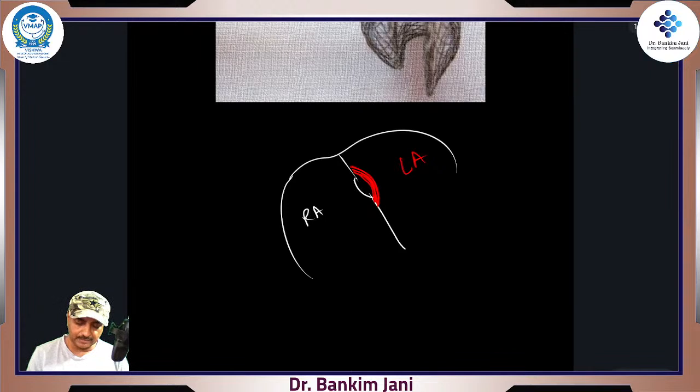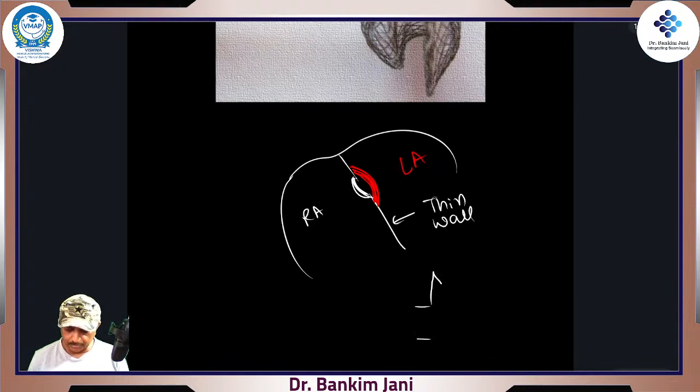So there would be a smaller one on that side. The thickness of the interatrial septum is relatively less. It's a thin wall, as compared to interventricular septum. So that's why we'll be making something like that. The middle portion should be thin.